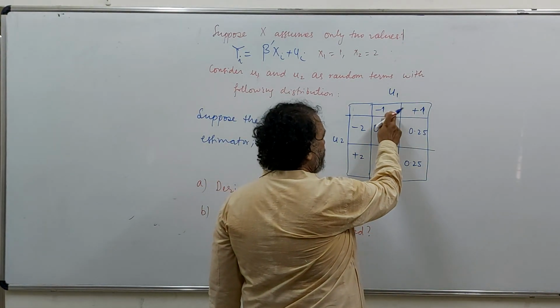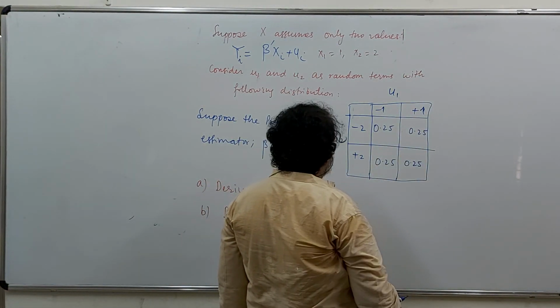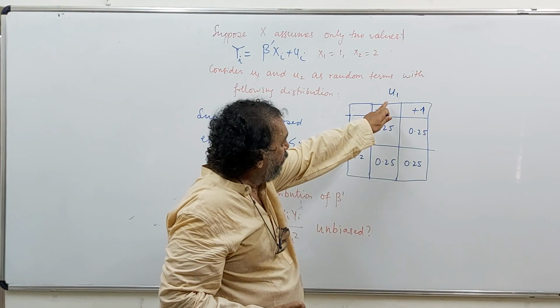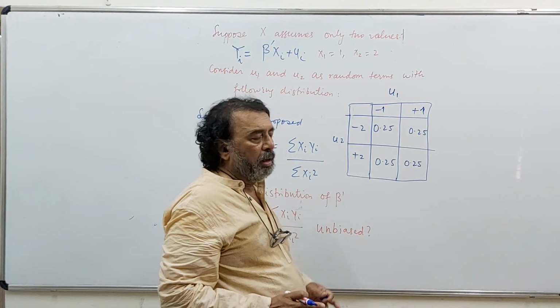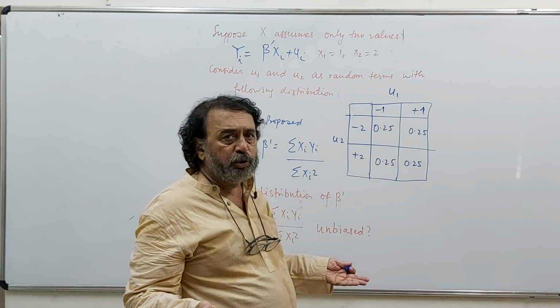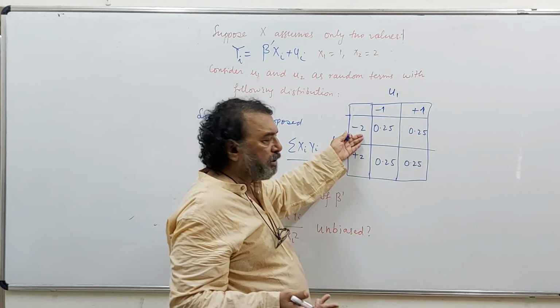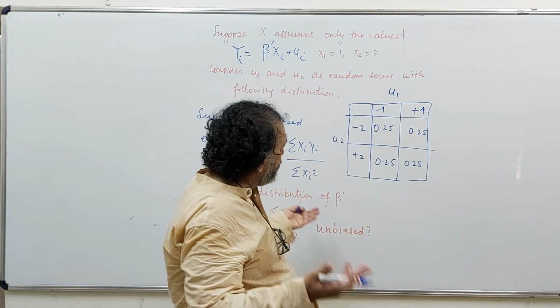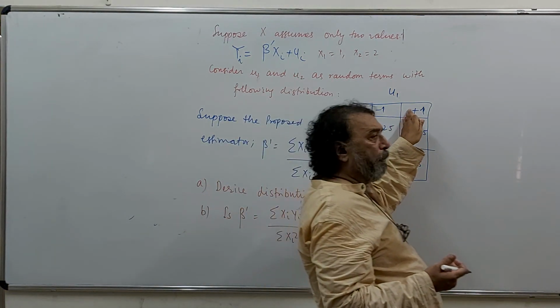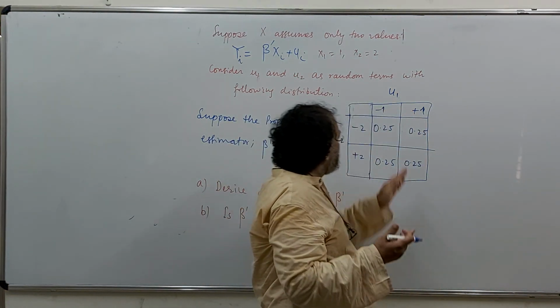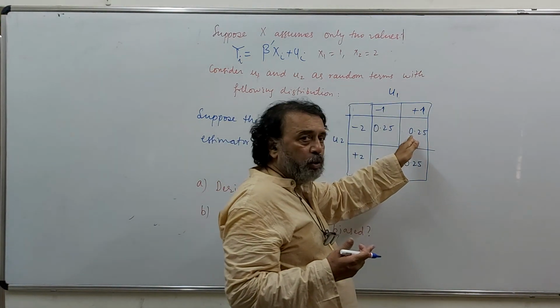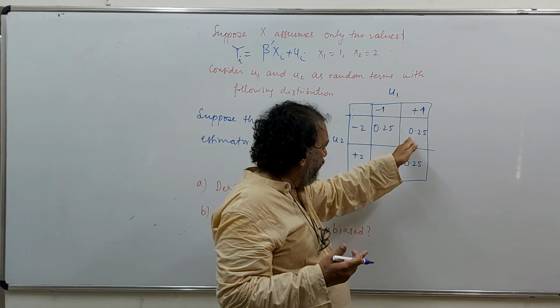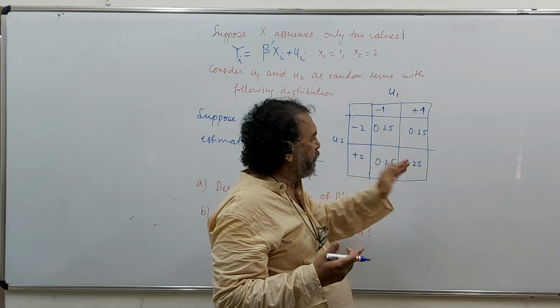But when u1 takes value minus 1, there are two possible values which u2 can take, either minus 2 or plus 2. Similarly, u1 can take plus 1, and again it has two associated values of u2, minus 2 or plus 2.